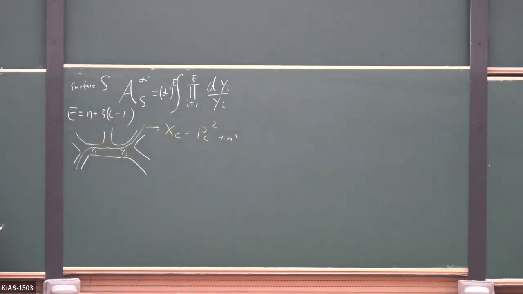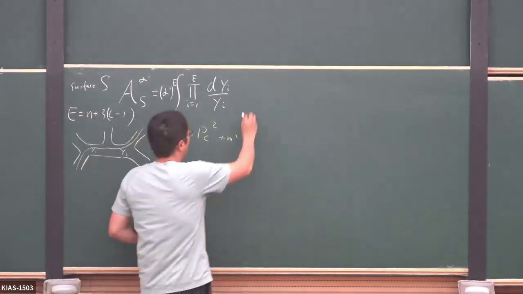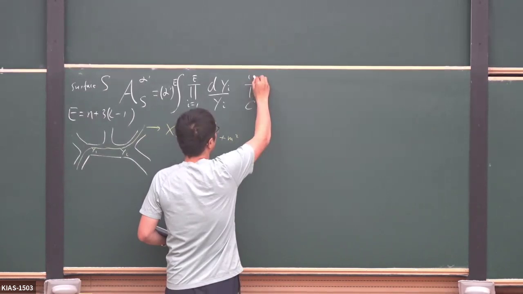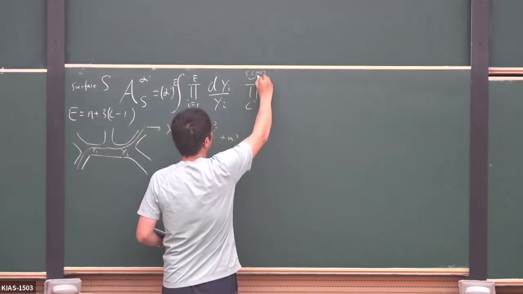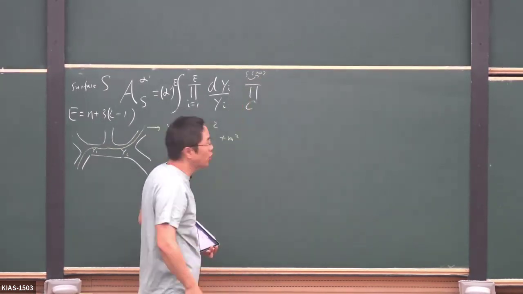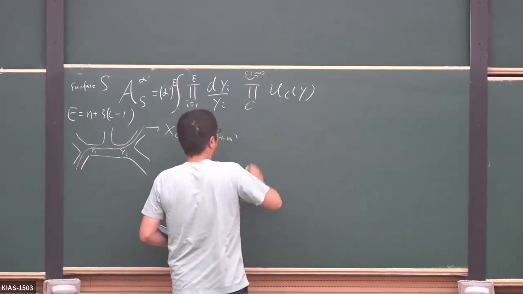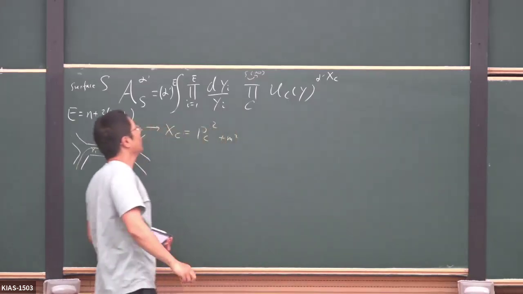And then the key thing is that there's this D-log form on the integration variables of this surface, and this product over all curves. Generically this is infinity. For a generic surface S, this is the infinite product over all curves of some u variable raised to the power alpha prime x_C.